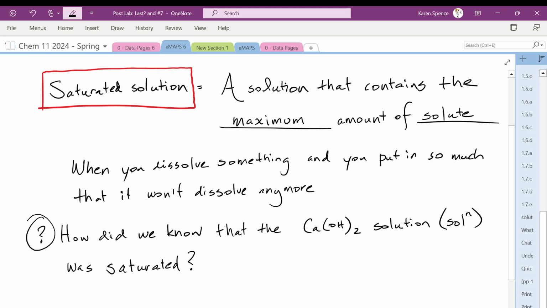All right, friends, how did we know? Yes. There was still calcium hydroxide sitting at the bottom, which is undissolved.